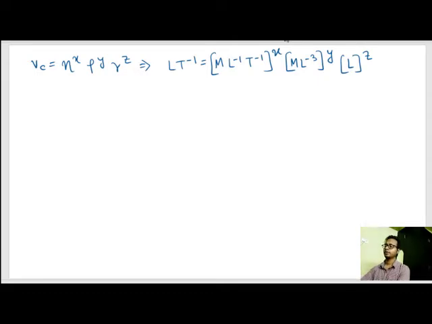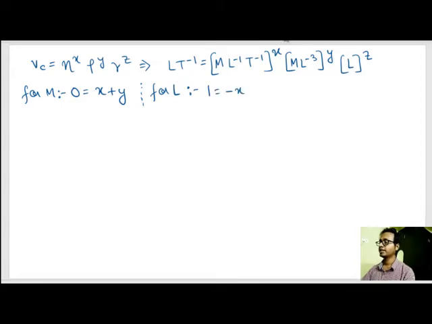Now let's solve for M. For M, on the left hand side, 0 is equal to x plus y. For L, 1 is equal to minus x minus 3y plus z.